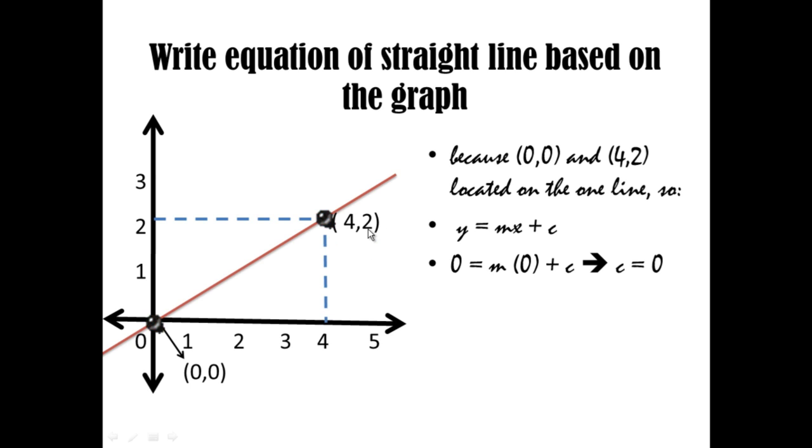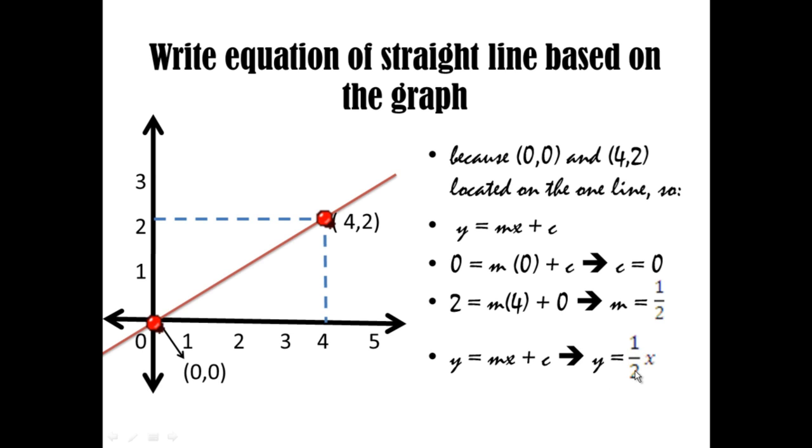The value of y is 2 and then the value of x is 4. So if we substitute in the formula, we get the value of m is a half. So we can write the equation of this line is y equal a half x.